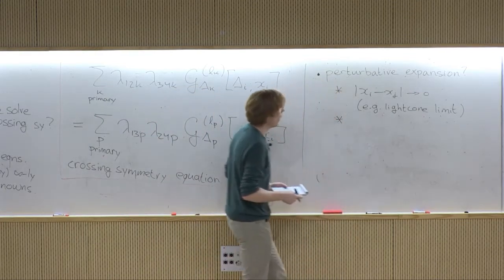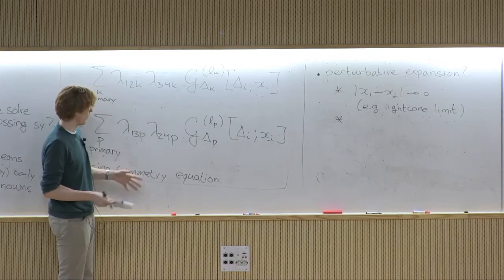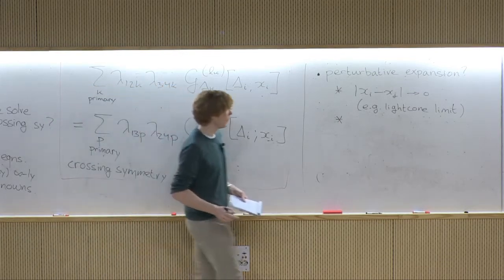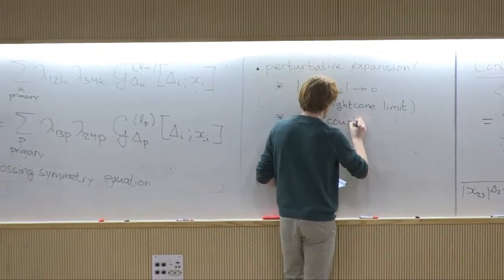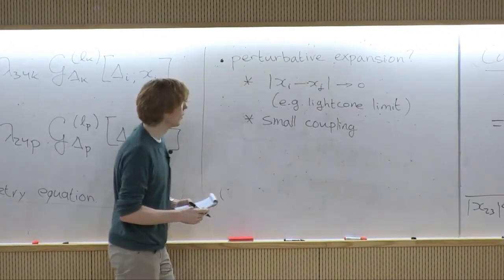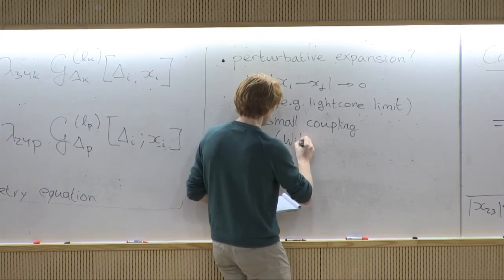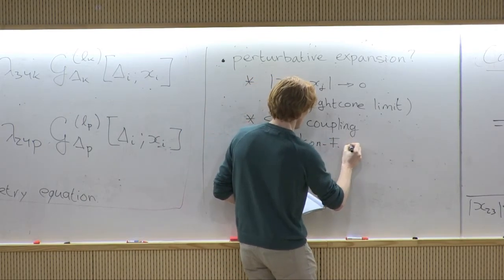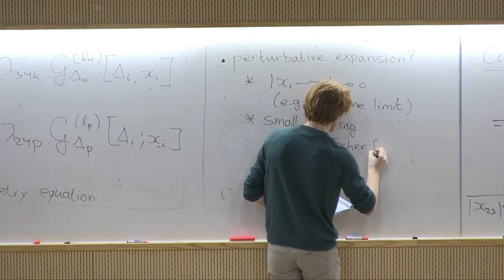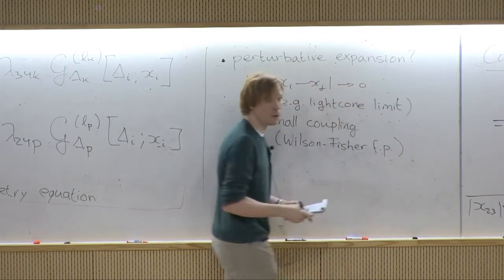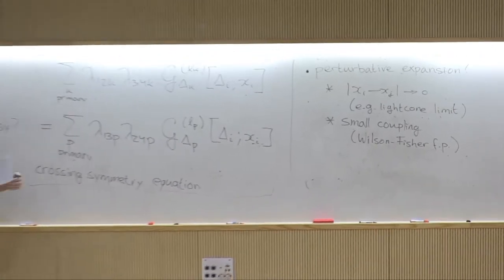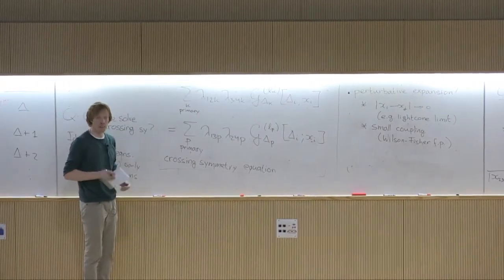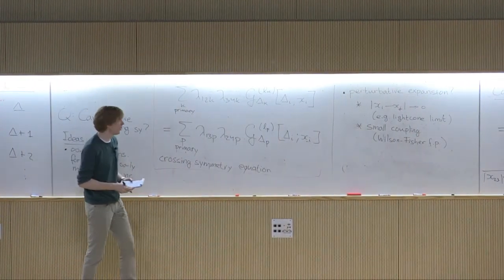Another thing that people have tried is to look at special conformal field theories where there's a small coupling floating around, for example, the Wilson-Fisher fixed points, where there's a small number, epsilon, in the game. Then you can start from a known solution, for example the free theory, and try to solve the crossing equations order by order in the epsilon expansion.